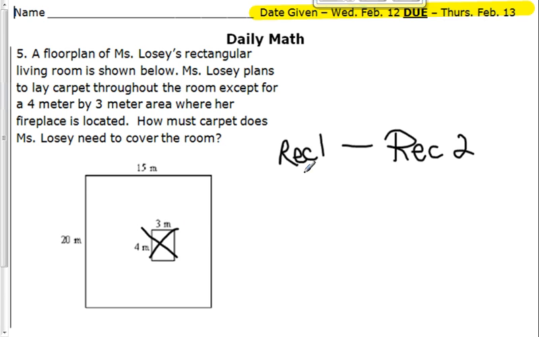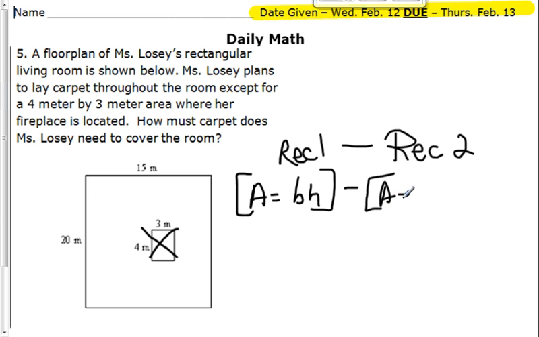So look at your formula chart. So looking at my formula chart, I should have area equals base times height. And I'm going to put that in brackets because I got to do all of rectangle 1. And then I can do rectangle 2, which is still going to be the same thing. Area is equal to base times height.